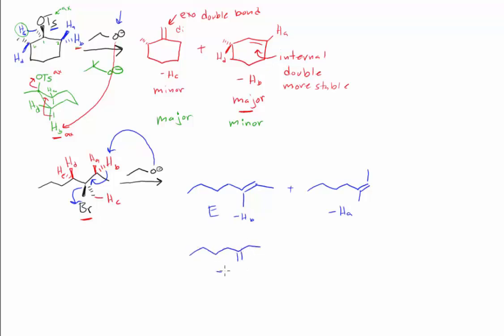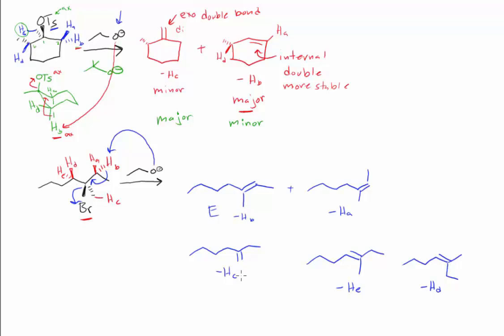And that's not that exciting. There's only one possible stereoisomer that could form there. It's also not as likely as the 2 top products. And then I could lose HD and HE. And this would be minus HE. And then this one would be minus HD.